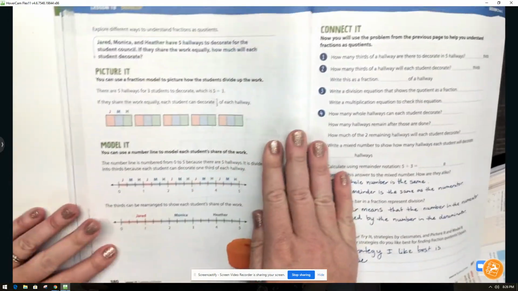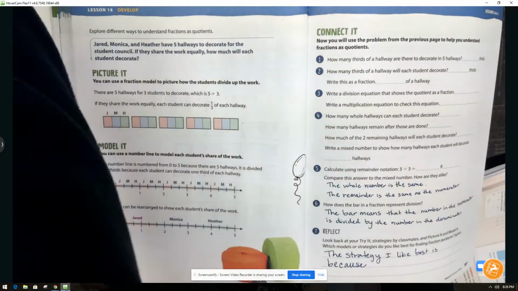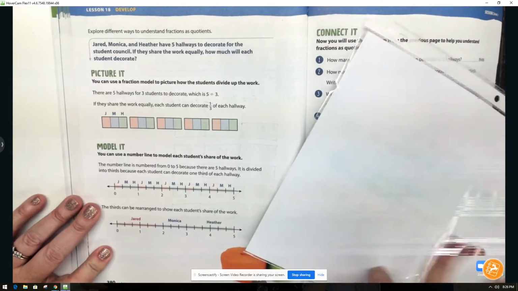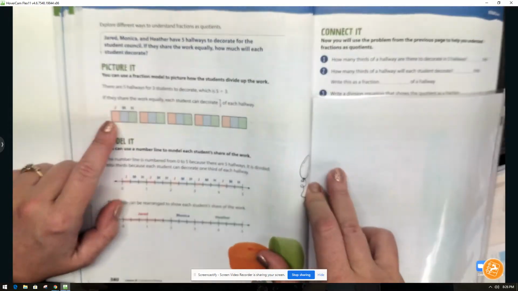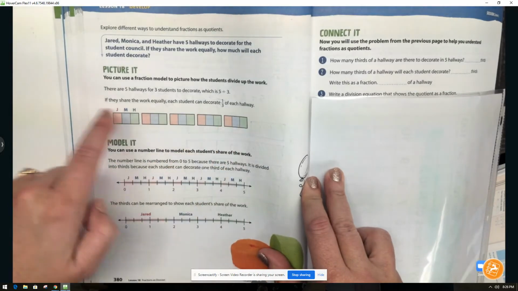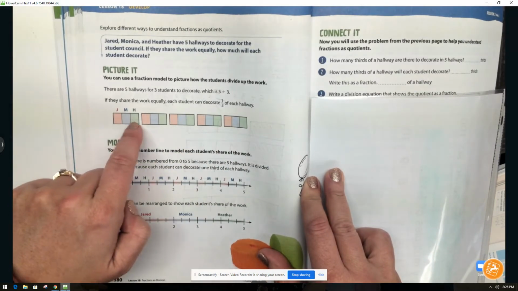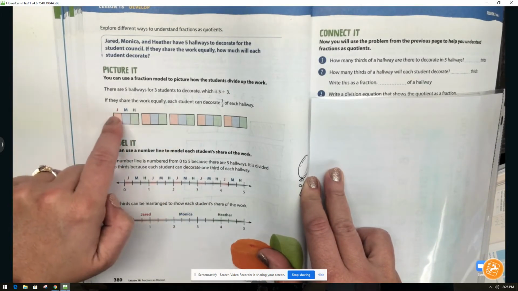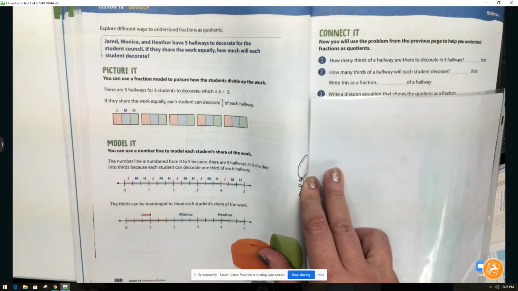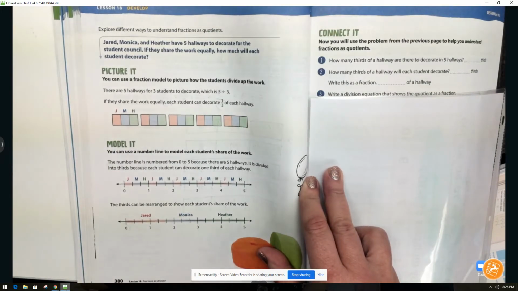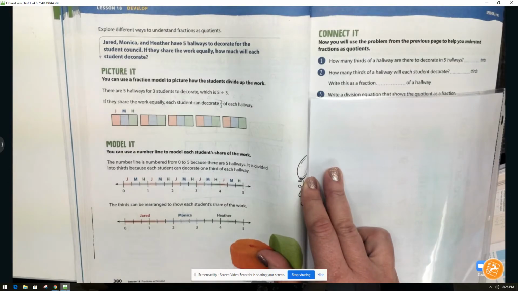All right, so here, this is similar to what I did on the last page. We drew the 5 hallways. We split each of the hallways into 3 sections, and Jared, Monica, and Heather were each given a separate color. And then we looked, and they decorated 1/3 of each hallway.